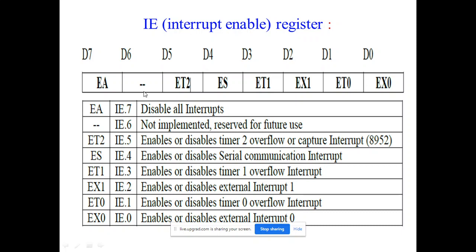In some situation, suppose the controller wants to serve only timers, that is timer 0 and timer 1. That time the respective bits are enabled and all others are disabled. In this fashion, you can write the proper number in this register, that is the interrupt enable register, for enabling and disabling the respective interrupt source. Agree for this?